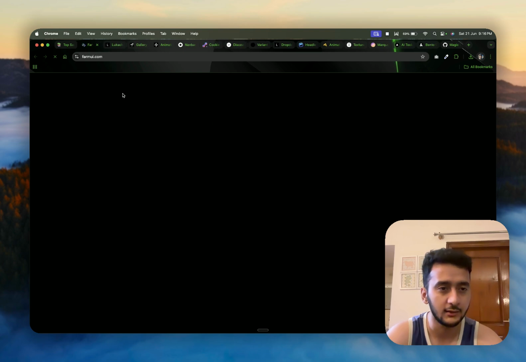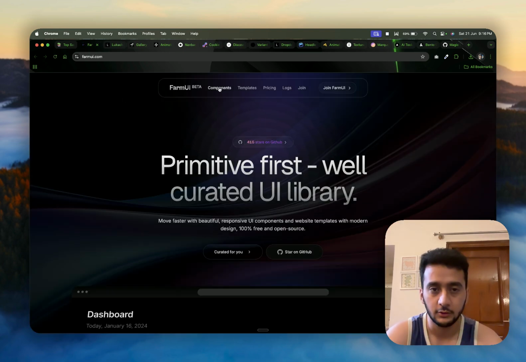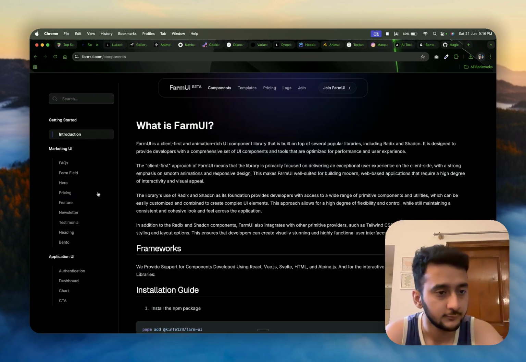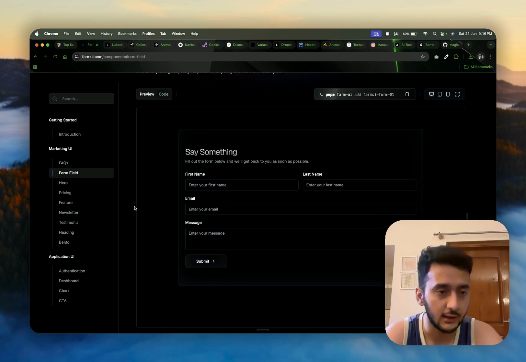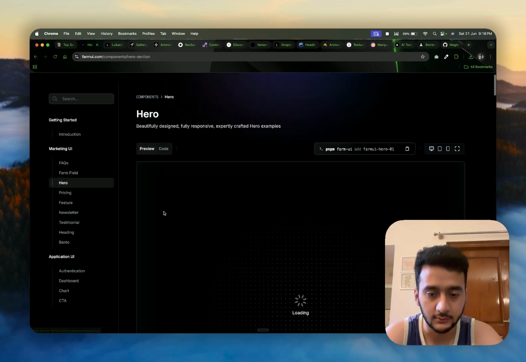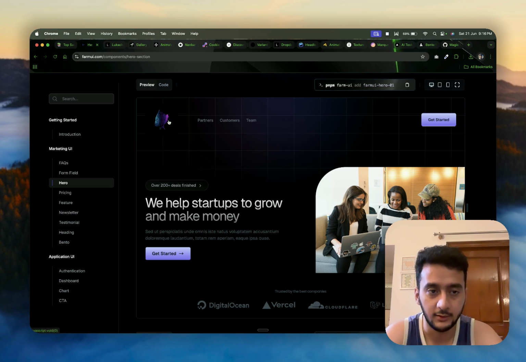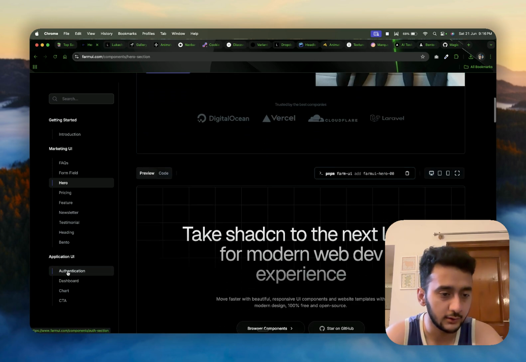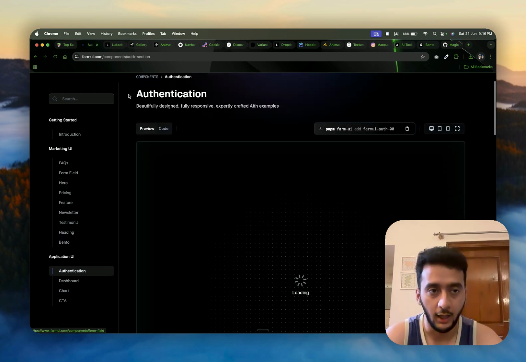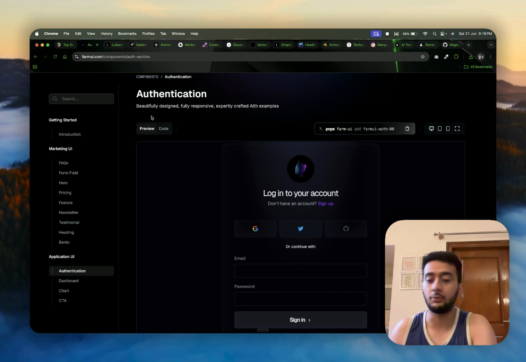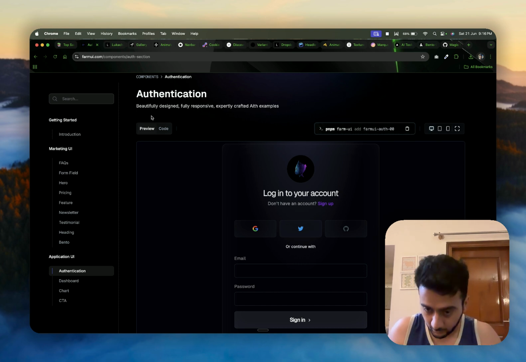Farm UI, I think they had gradient-ish components. So form field, oh yeah, they had some pretty neat UIs with a nice thing. I don't think they have a lot of stuff. Other than this, these are some component libraries that I have played around with that I really liked.